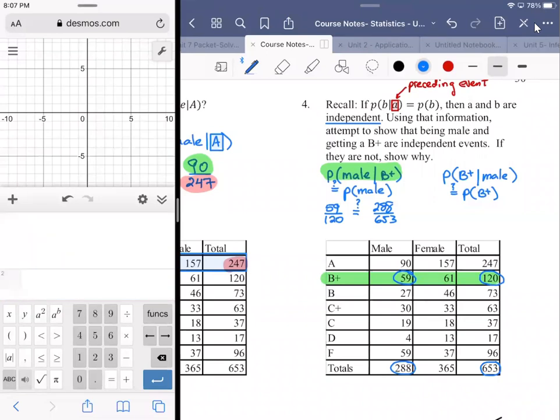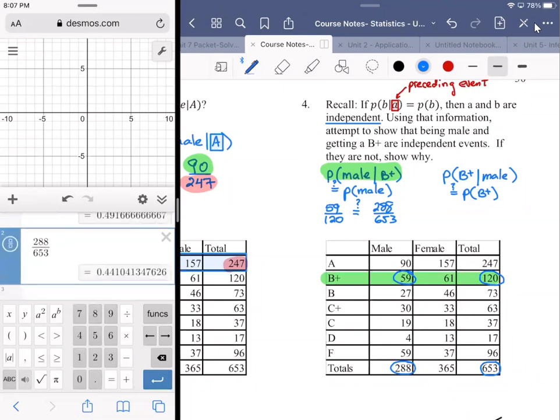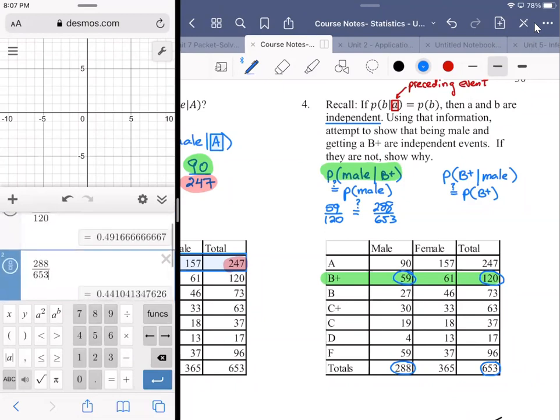All right, so I just do a quick 59 over 120 and 288 over 653. All right, so 0.492 versus 0.441. They're in the same neighborhood, but they're not close enough that we could say that they're virtually equal to one another. So the answer is that they're not equal. So not independent.